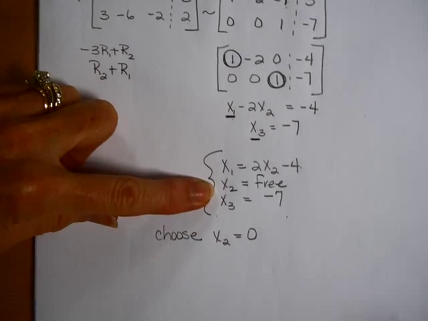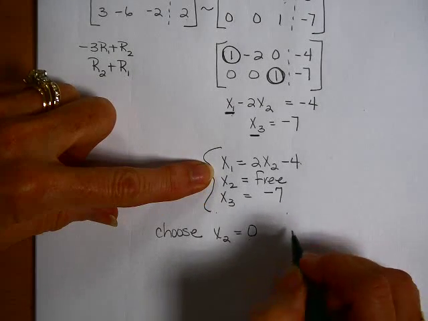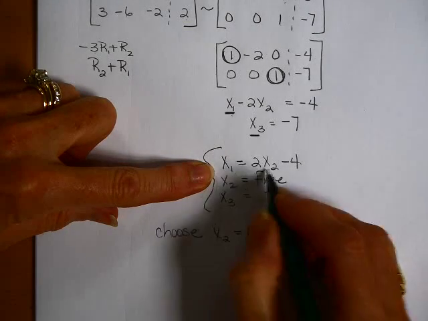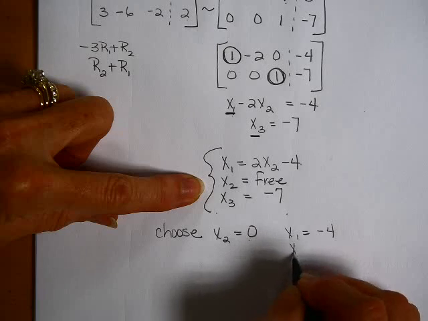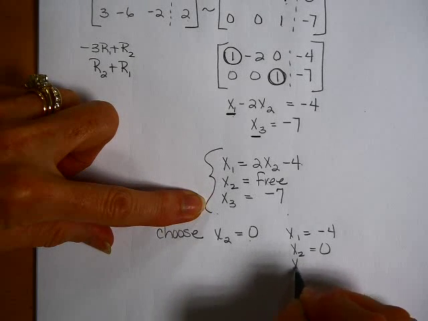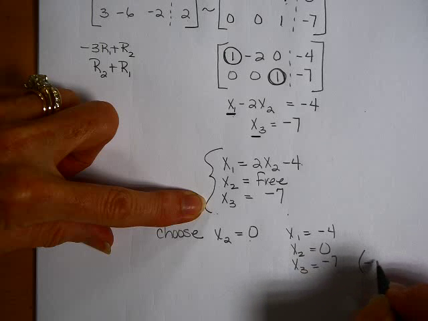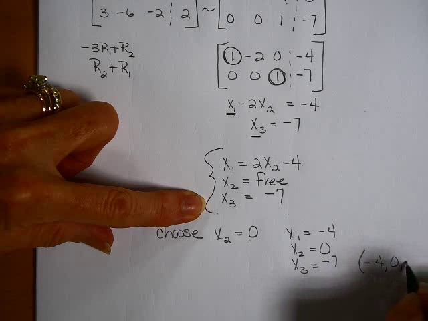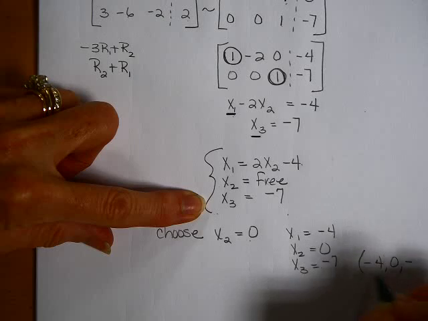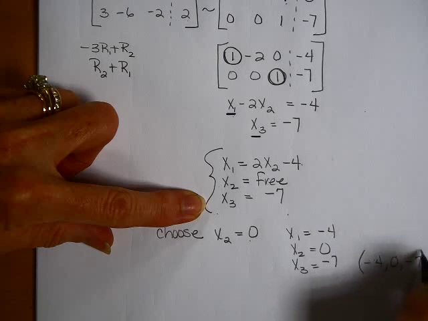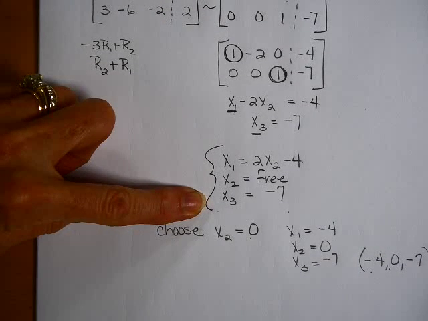So maybe let x2 be 0. If x2 is 0, then x1 is going to be -4, x2 is 0, x3 is always -7. It doesn't change. So that gives you -4, 0, and -7. There is one point.